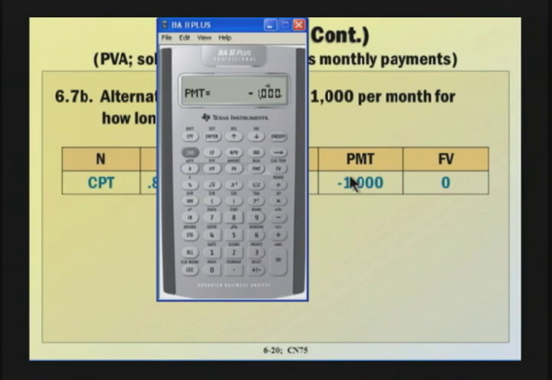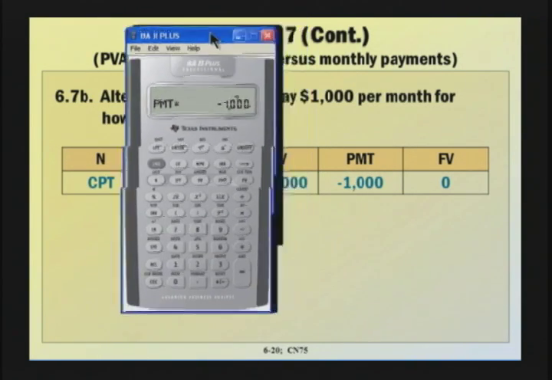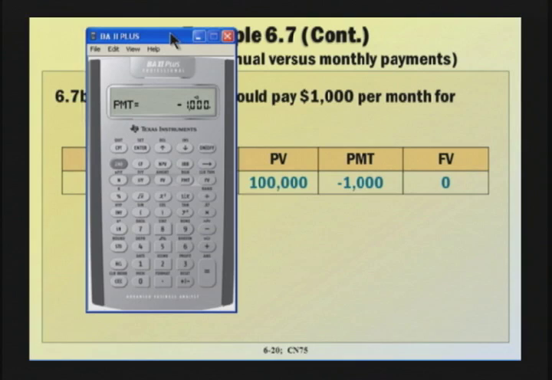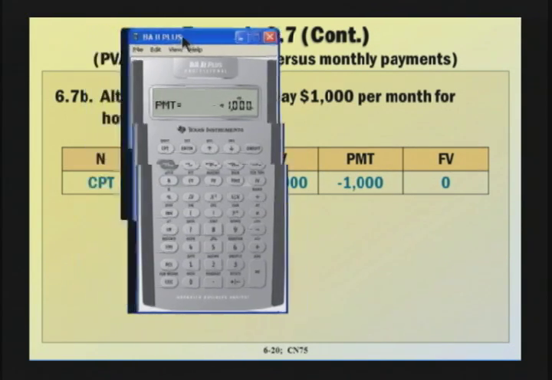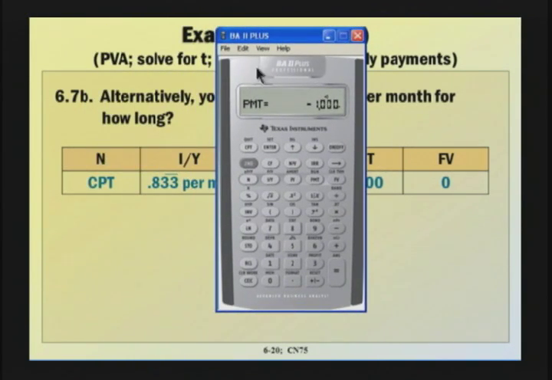on a monthly basis. Now it's important to make sure the signs tell the story in an instance like this. I get $100,000 up front, I pay $1,000 monthly. Something has to be positive and something has to be negative when I'm calculating the number of periods or the interest rate.